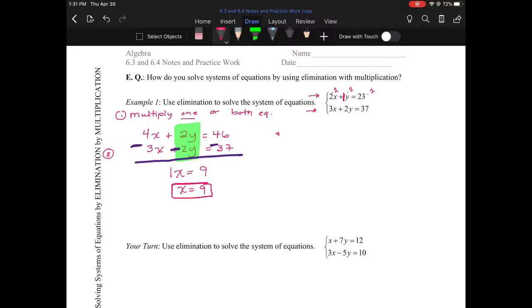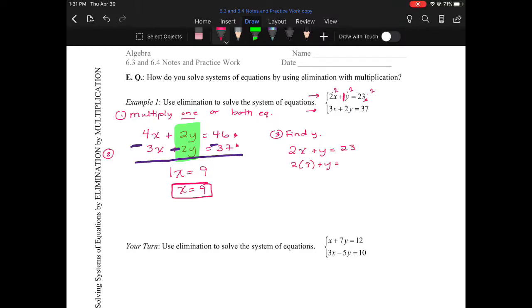Okay, now my next step, or my third step, is to find y, or solve for y. So you could substitute it into either of these equations, or you can substitute it back into that original one. I'm going to substitute it back into the original problem because my y doesn't have any coefficients in front of it.